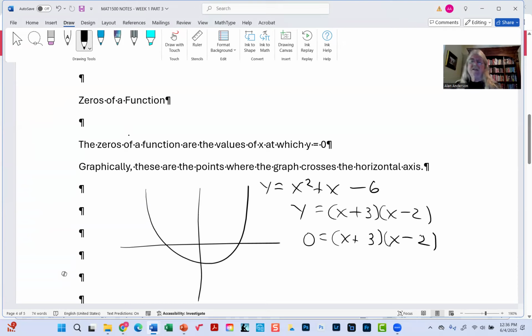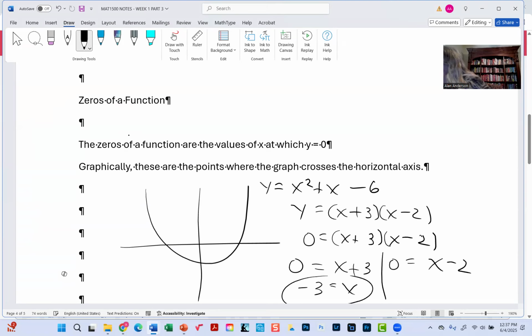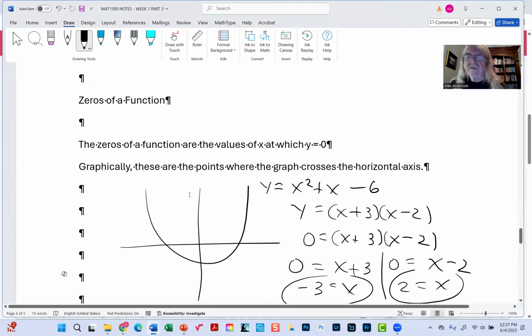And what this tells me is that the product here equals 0, but that means each individual term also equals 0. Because if one of them becomes 0, the product equals 0. So that means I actually have two things going on here. Those are my solutions.